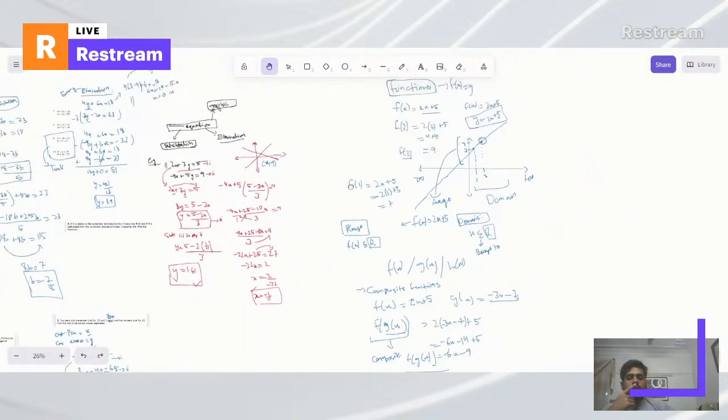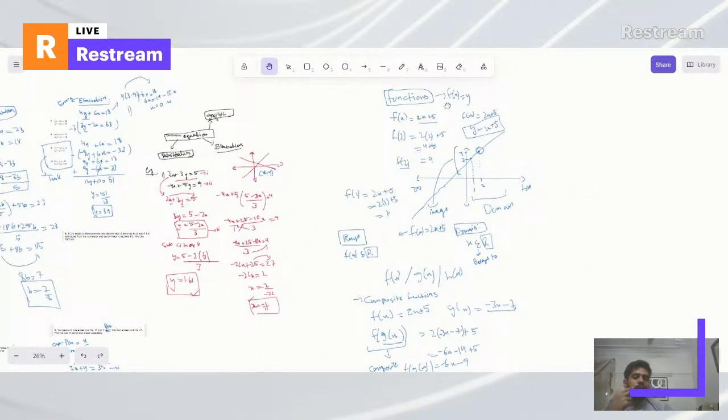Then we've learned about what functions are, and how we showcase them in terms of equations.